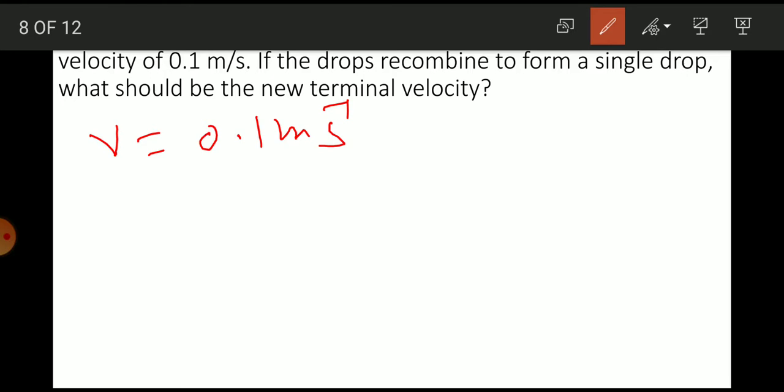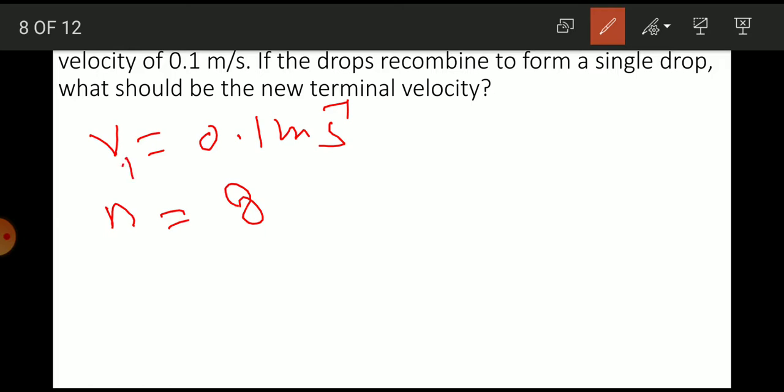If the drops recombine to give a single drop, what should be the new terminal velocity?